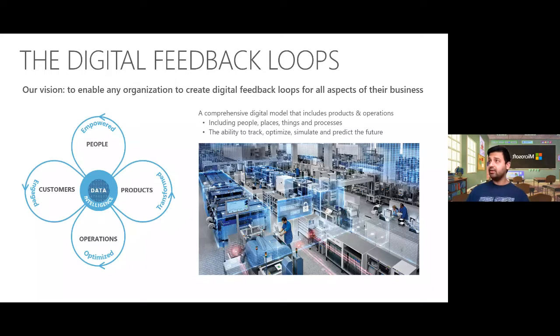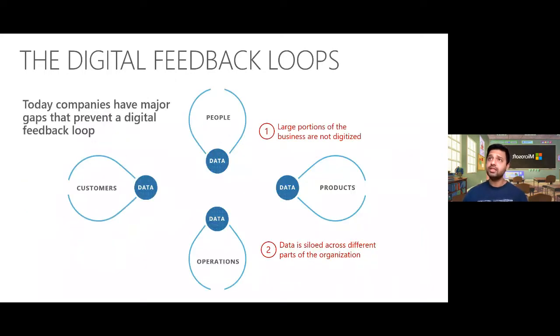However, there is a problem, and the problem is that various parts of the business are not digitalized. So one part of the business, for example operations, may be digitalized. However, customer and employee engagement may not be. And the second issue we have today is that lots of data is siloed within different parts of the organization.